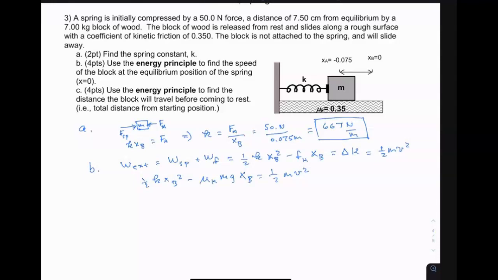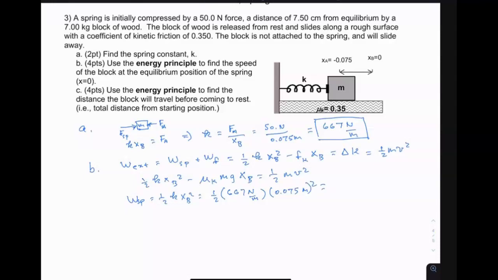If we go ahead and solve for this, the work done by the spring is equal to 1/2 times K, which we found to be 667 newtons per meter, times the compression distance squared, which is 0.075 meters all squared.